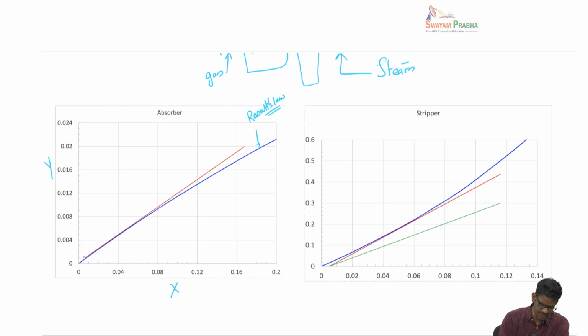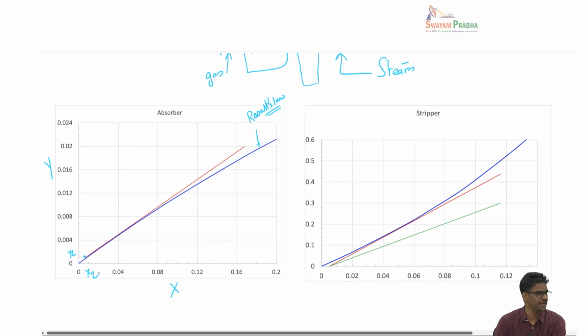This point here that you see is the y2 and x2 for the operating line, and y1 is mentioned as 2%. This is y1. Like I said before, the composition at the top is mentioned, and the inlet composition for the gas is also mentioned. Now we have to find the minimum liquid flow rate.